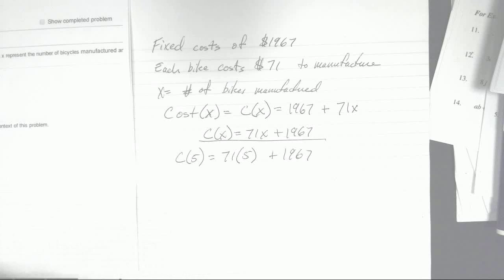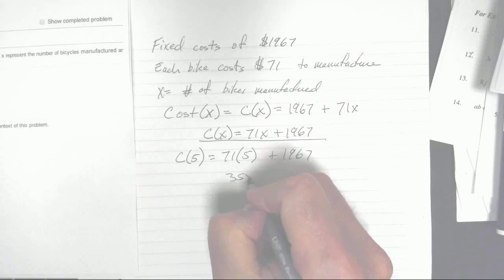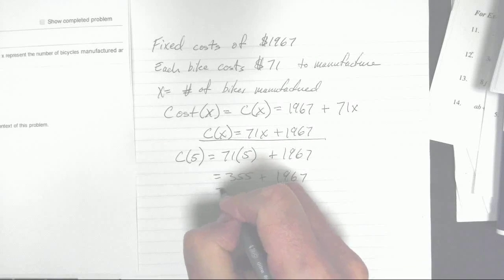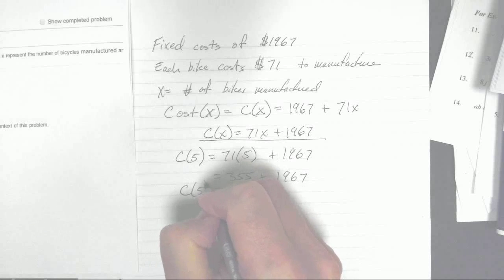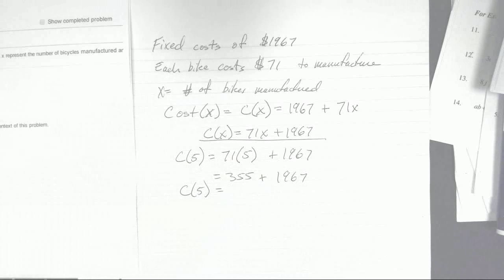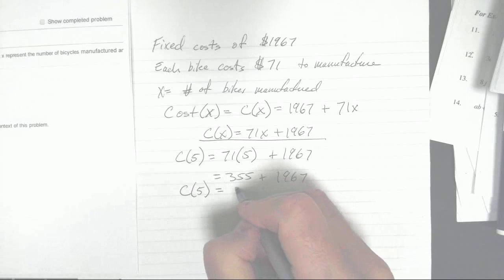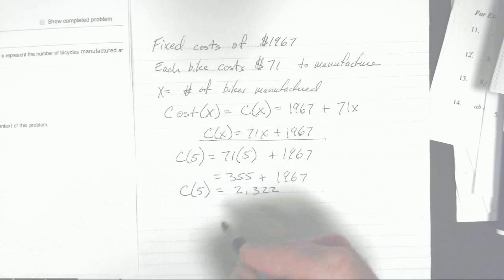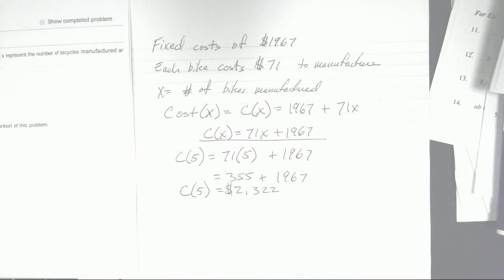Let's get out the calculator here and see. 71 times 5, okay, that's 355, plus 1,967. So C of 5 equals 2,322. So this is actually a cost. That's $2,322.